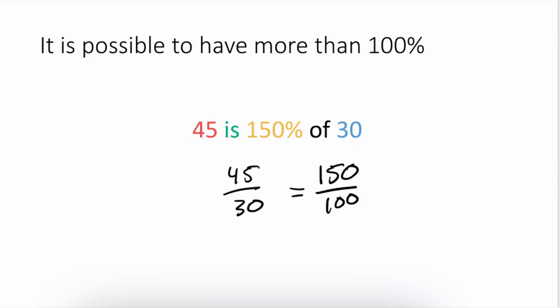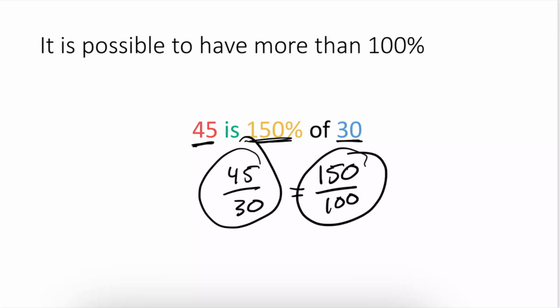These two fractions are equivalent to each other, because 45 is bigger than 30. If you have a part that is bigger than the whole, then your percentage is going to be more than 100%, because 100% is one whole, and if you have something that's bigger than the whole, like an improper fraction like this, then your percentage is also going to be an improper fraction.